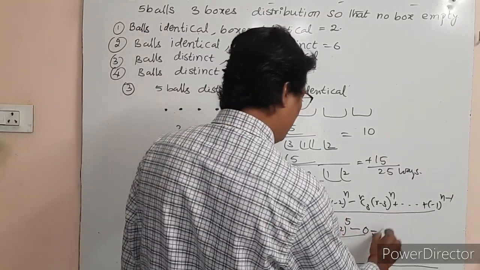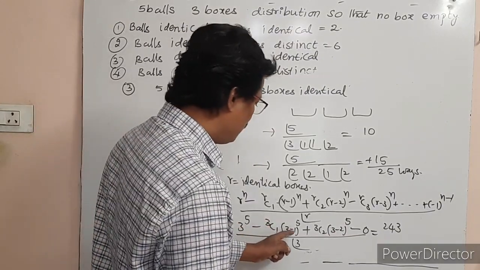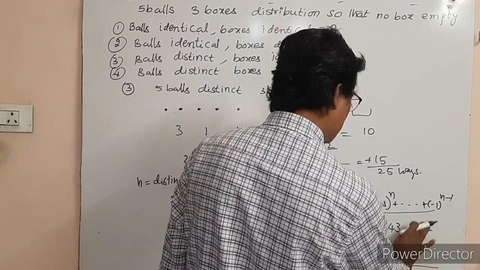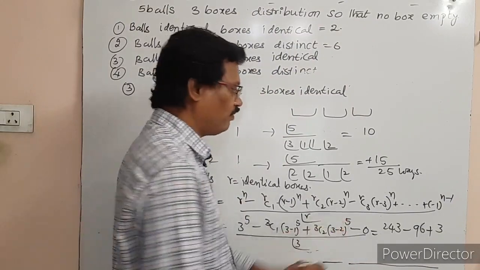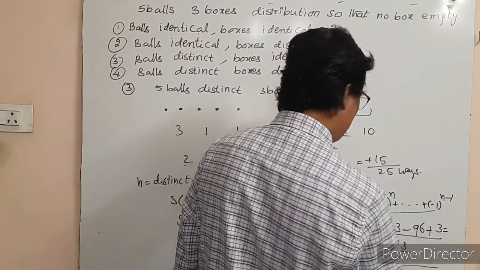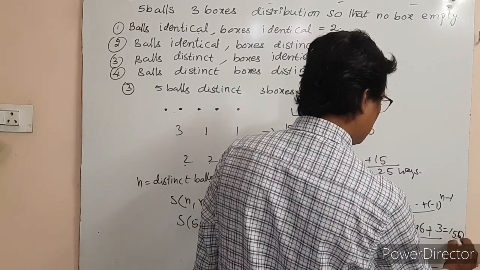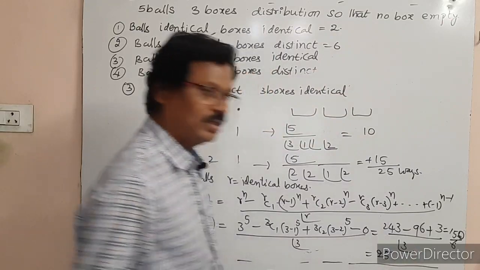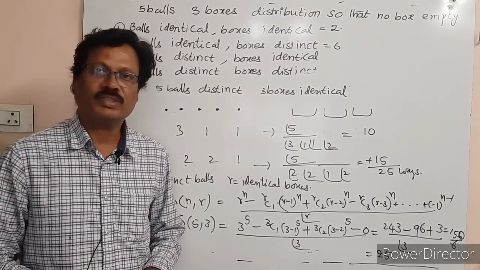Now if you simplify, 3 power 5 is 243, this is 3 into 32 minus 96 plus 3C2 into (3 minus 2), 1 power 5, 1. Therefore, this answer is divided by 3 factorial, okay, this is 150 by 6. Therefore, that answer is 25. By using this formula, we can see the solution for this.